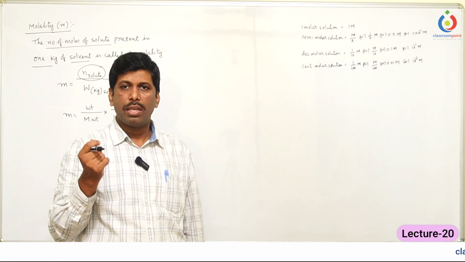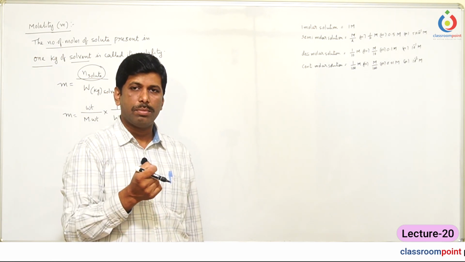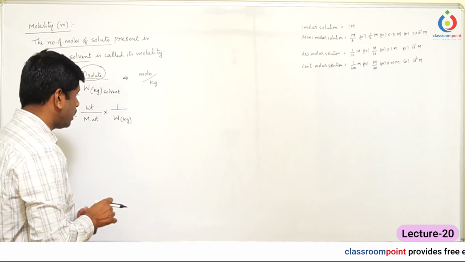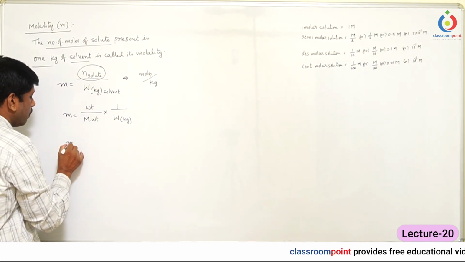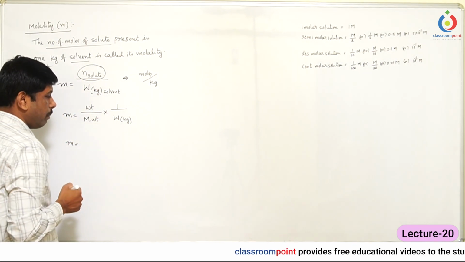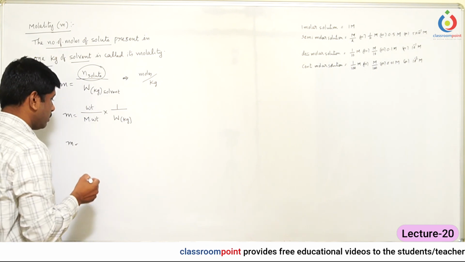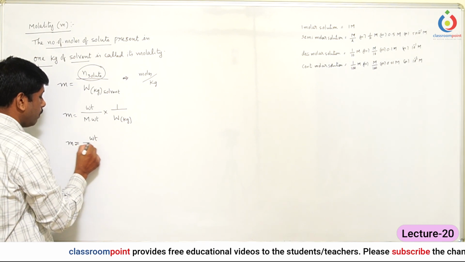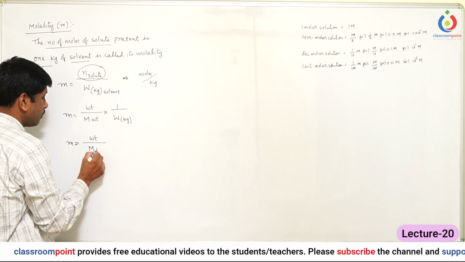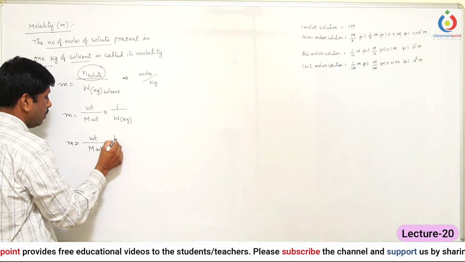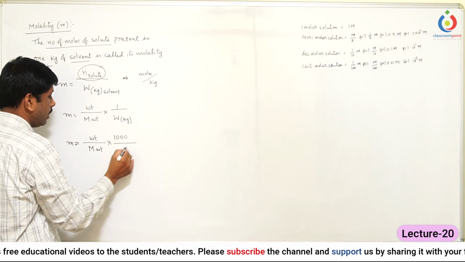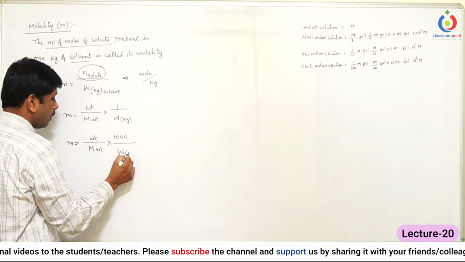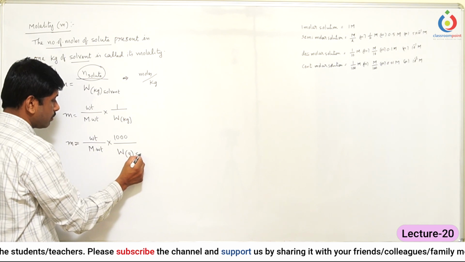We know that 1 kg is equal to 1000 grams. So by multiplying this, the mass of the solvent can be taken in grams. So here molality equals weight of solute divided by molecular weight of solute, into 1000 divided by mass of the solvent in grams.